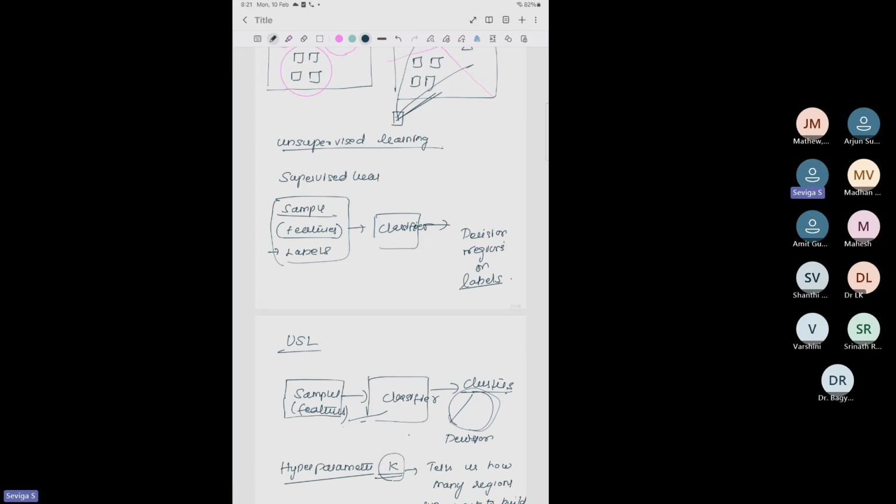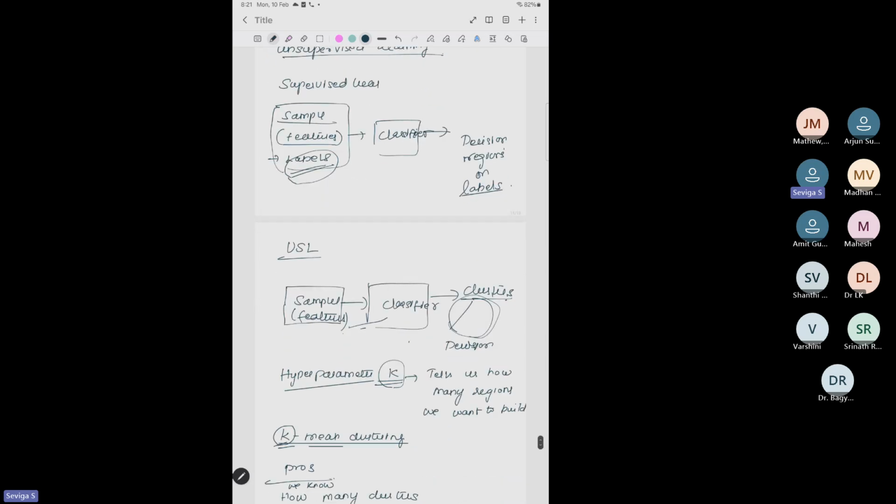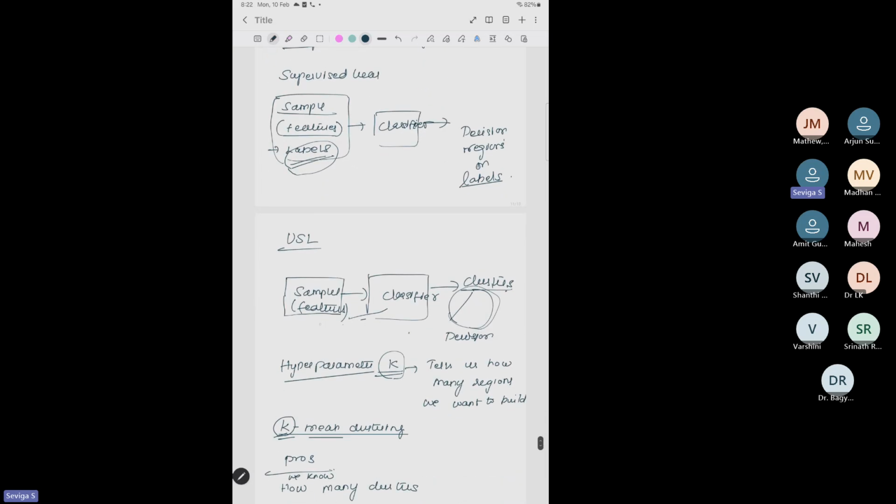But for now, just understand that in supervised learning, we give the samples with their labels to the classifier to bring out the decision region, so the number of k is fixed by the number of types of labels. Whereas in unsupervised learning, we will not have any labels in the data points, so the classifier itself will segregate the number of classes based on the hyperparameter k.